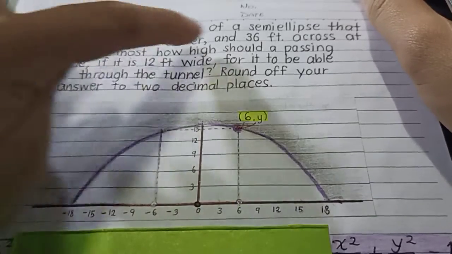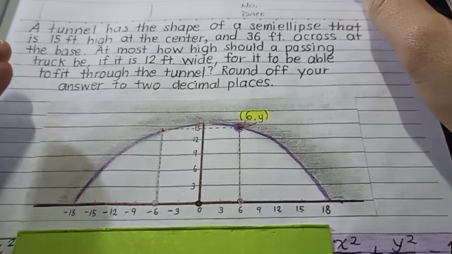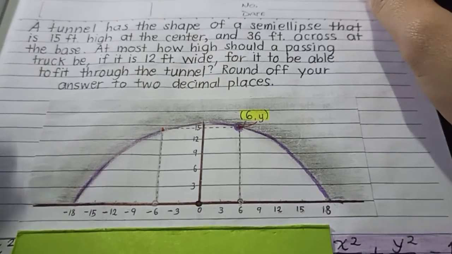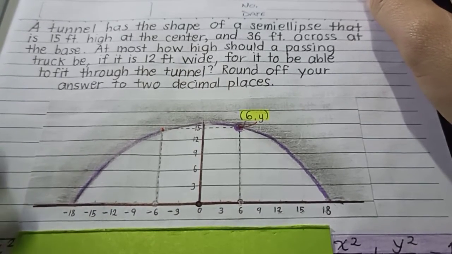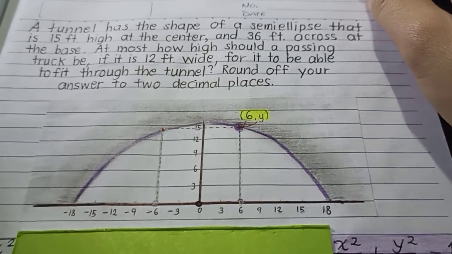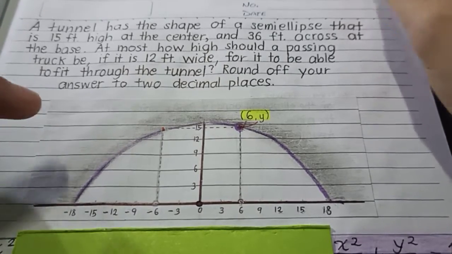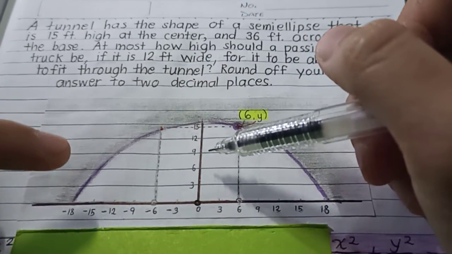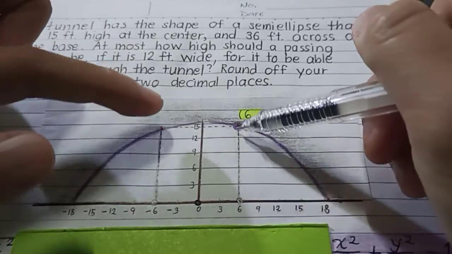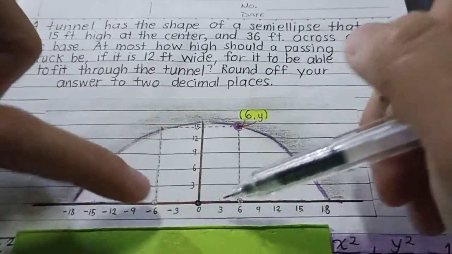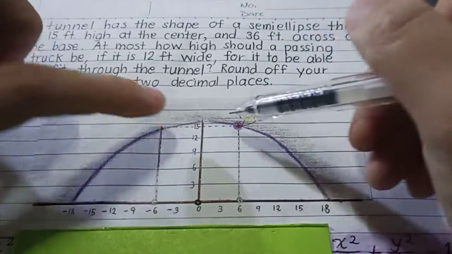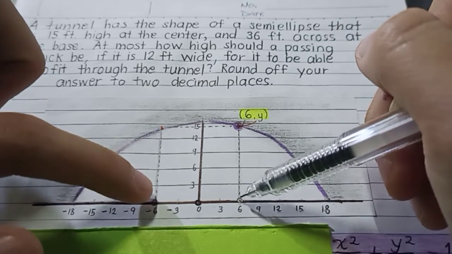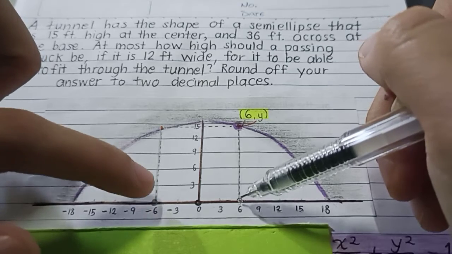According to the problem, you are asked to identify, at most, how high should the passing truck be if it is 12 feet wide? I'm assuming that this problem is one lane only. The tunnel should be one lane. This rectangular broken line is the image of a truck. If it's 12 feet wide, I have to put it exactly in the middle.